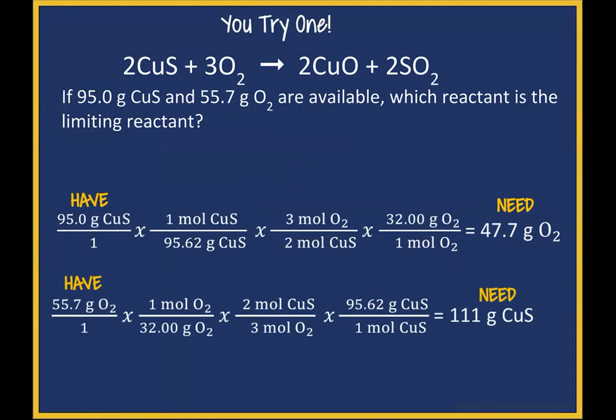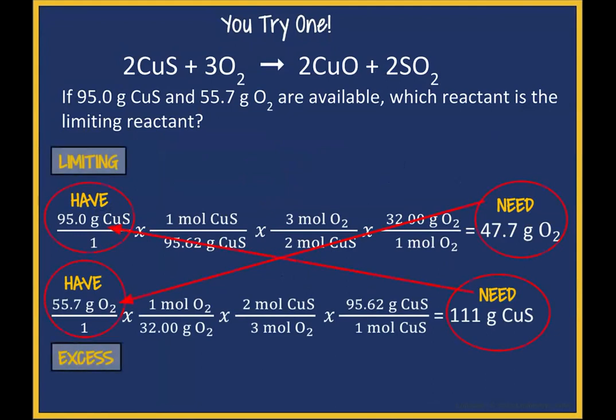We need 111. So we compare what we have and what we need. And here's the limiting, because we need more than we have. Here's the excess, because we need less than we have. Okay, so which reactant is the limiting reactant? Copper sulfide is the limiting reactant.